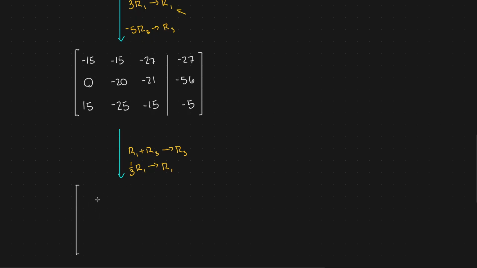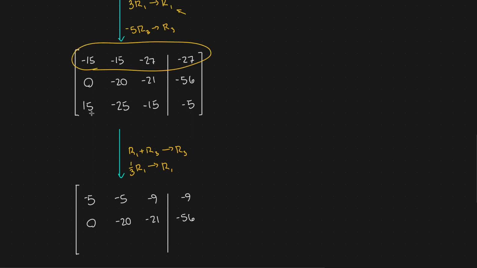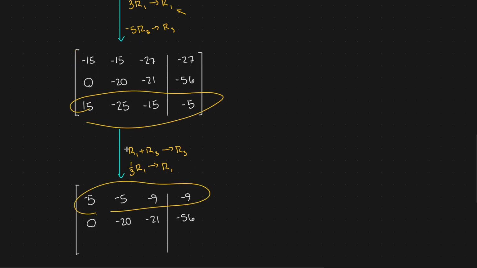So 1/3 times row 1 into row 1, I get negative 5, negative 5, negative 9, negative 9. Row 2 stays the same. Row 3, be sure when you're doing this, you're using this row 1 and this row 3. Don't use this row 1 with that row 3.